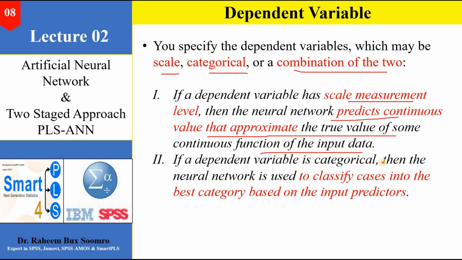If the dependent variable is categorical, then the neural network is used to classify the cases into the best category based on their input predictors. For example, male or female, 0 or 1, true or false. If this type of categorical data is there, then again the software will classify all these categories according to its own calculations.